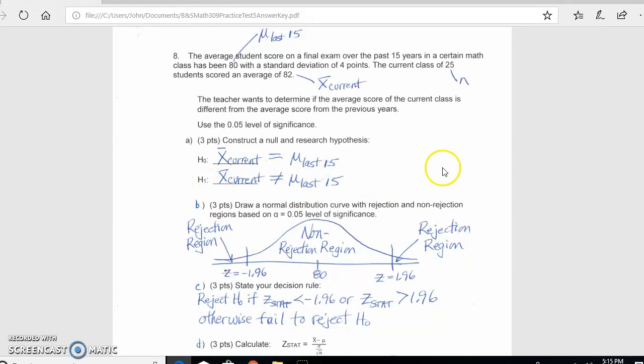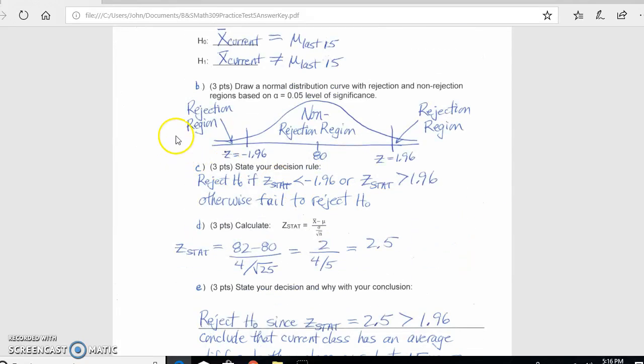Now, in letter B, I'm asking you to draw a normal distribution curve with rejection and non-rejection regions based on alpha equal to 0.05 level of significance. So what I am asking you to do is to draw the normal curve, and the population mean of 80 would be right in the middle.